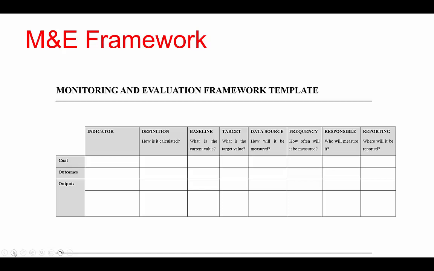So as usual, the framework details the outputs, outcomes, and goals, as well as the indicators you'll be measuring, how these indicators are defined, and all these other aspects to it. So please, there are other videos where I talk about the whole framework matrix in detail. You can access those other videos just to get a bit of a background of what all these elements mean to the framework and to you.